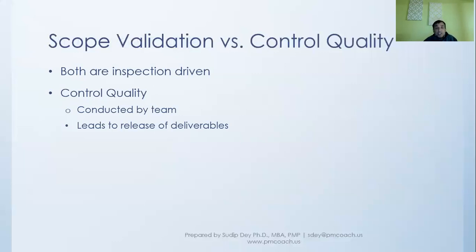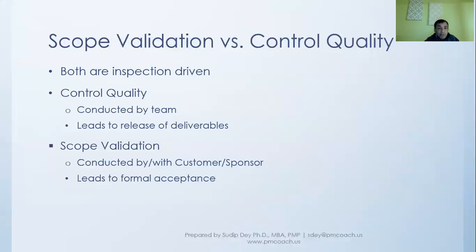The idea in this process is that before we release the deliverables to the customer, we want to ensure that they satisfy all the criteria. So we are testing them. And once we are happy, we have verified these deliverables, it will lead to release of deliverables. Then we'll say, okay, now we are ready to release these deliverables to the customer.